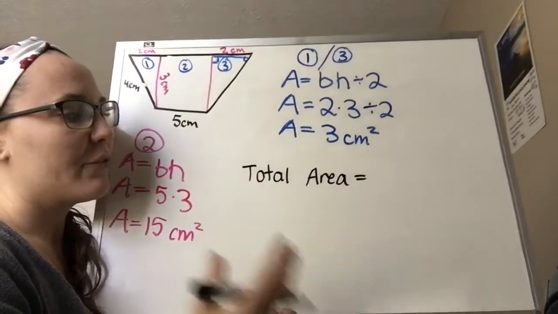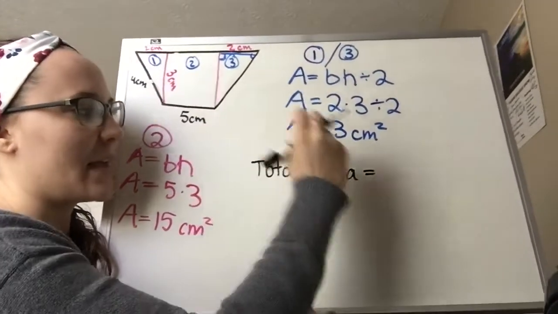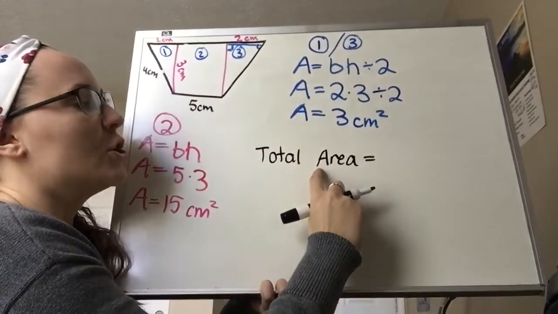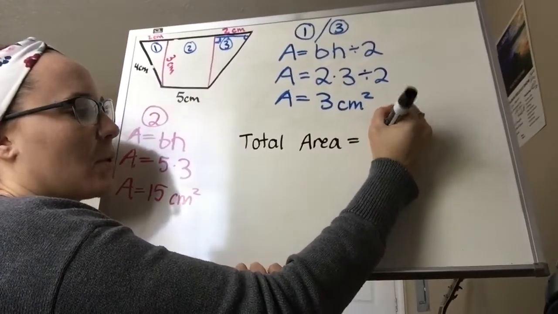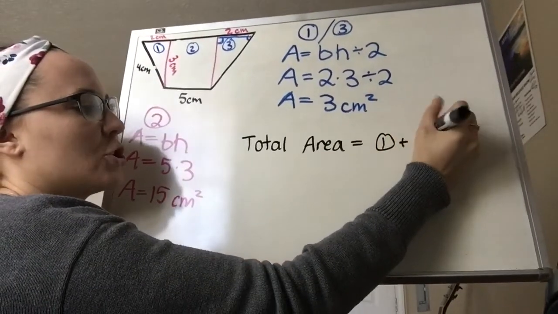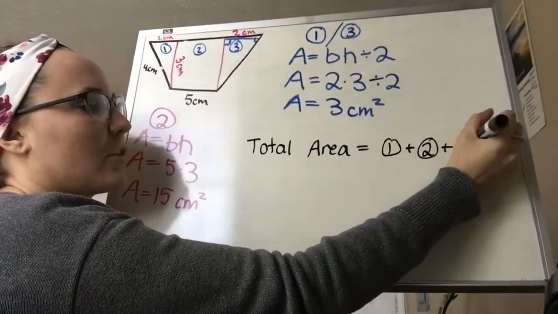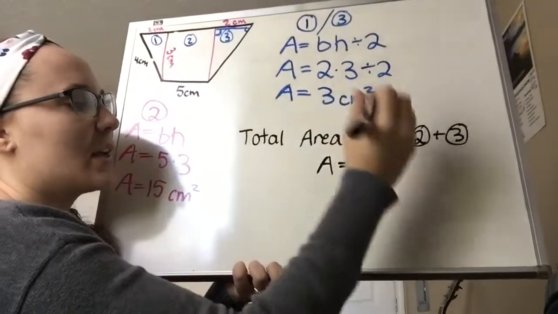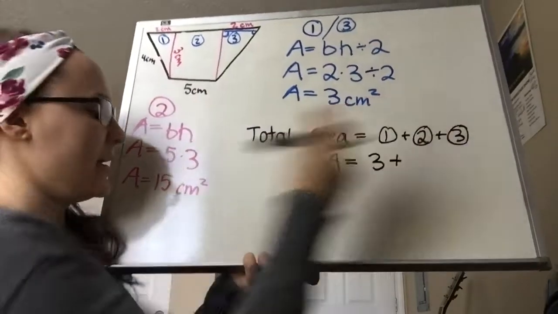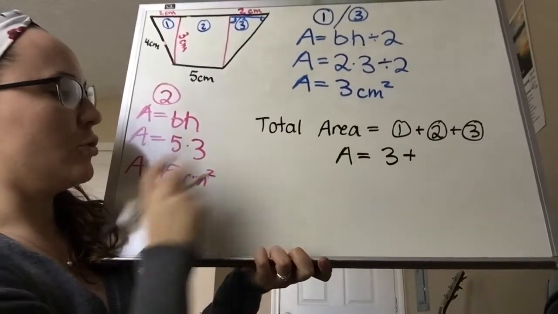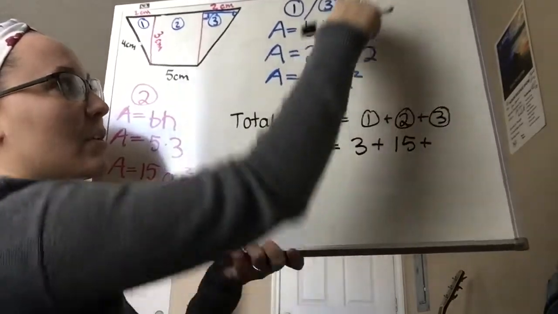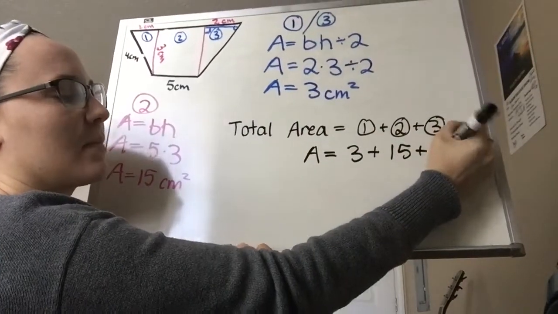So the area for a trapezoid is the area of a triangle plus the area of a rectangle plus the area of a triangle. So we need to add together shape number 1 plus shape number 2 plus shape number 3 to get A equals, shape number 1 is 3 plus the area of shape number 2 is 15 plus the area of shape number 3 is 3.